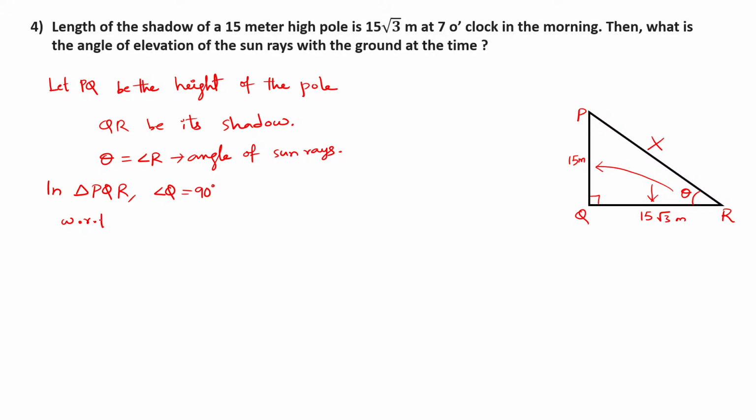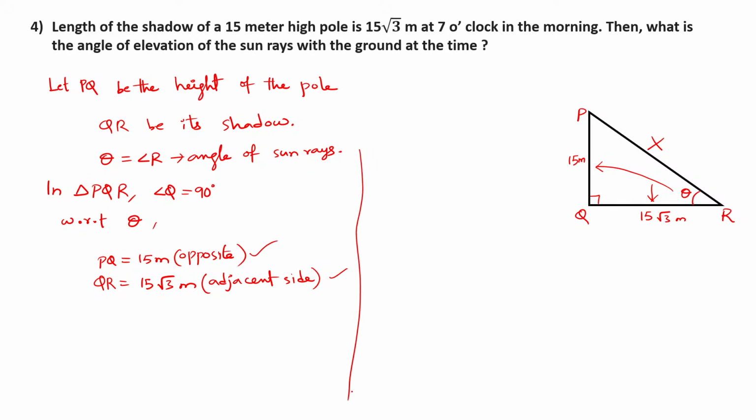So with respect to our acute angle, what is this PQ? PQ is equal to 15 meters and it became the opposite side. And what is this length of shadow QR? That is 15 root 3 meters and it became the adjacent side. Okay. Now opposite versus adjacent, what trigonometric ratio do we have?